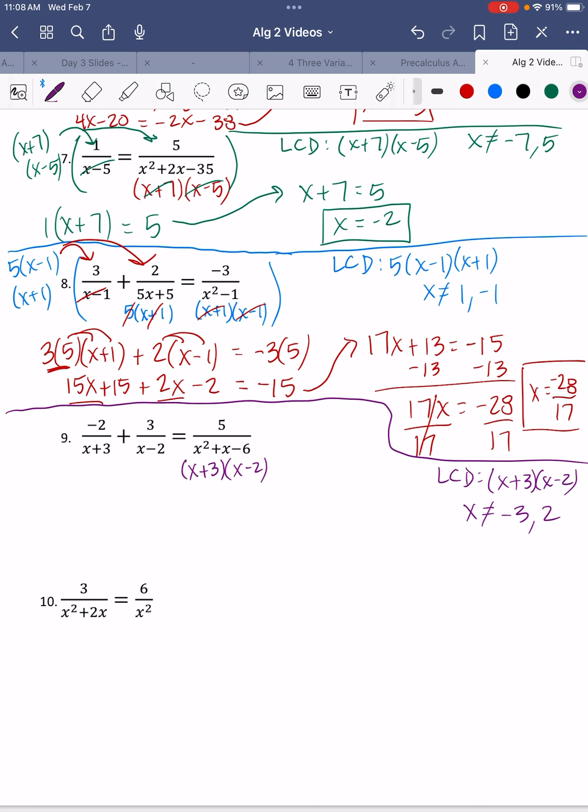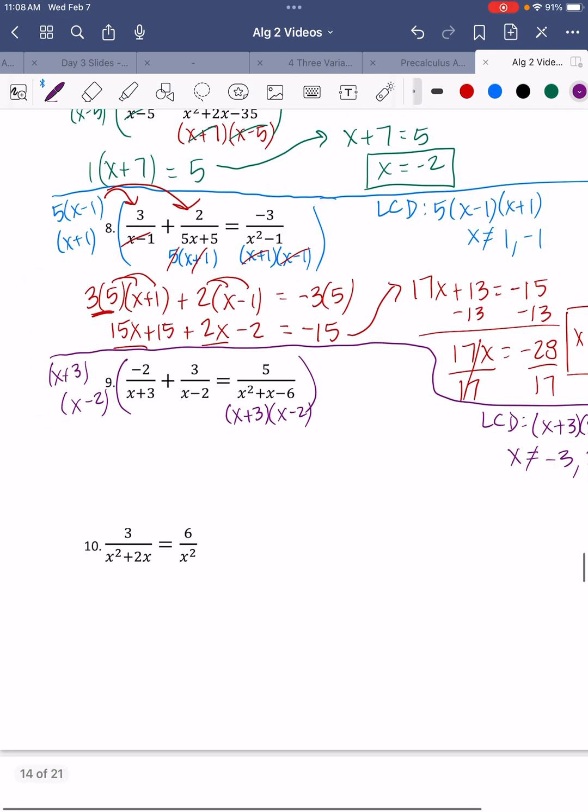And then let's go solve. So the whole entire problem gets multiplied by x plus 3 and x minus 2 in order to cancel out all the denominators. The x plus 3 cancels, so -2 is left multiplying by x minus 2. In the second fraction, the x minus 2 cancels, so 3 is left multiplying by x plus 3.